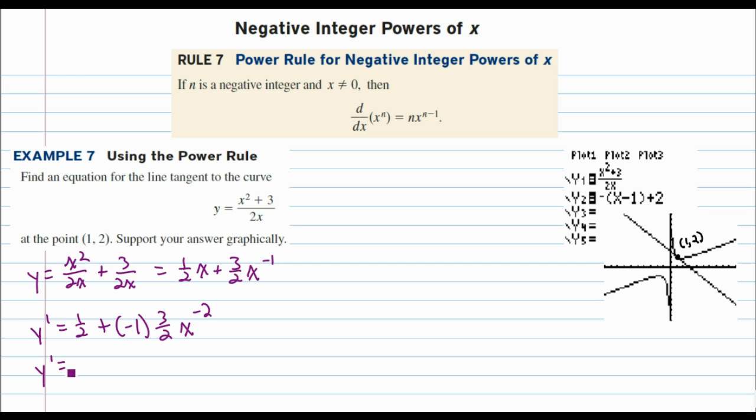So the derivative, to help me find the slope of the tangent at the point 1, 2 that the instructions are asking for, will be 1/2 minus 3/2 x to the negative 2.